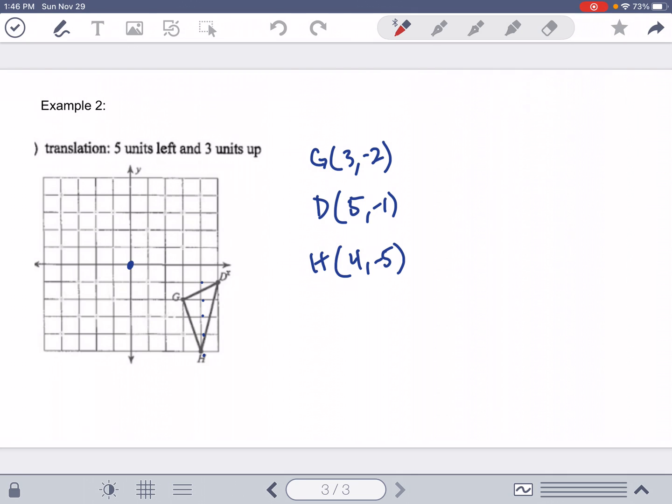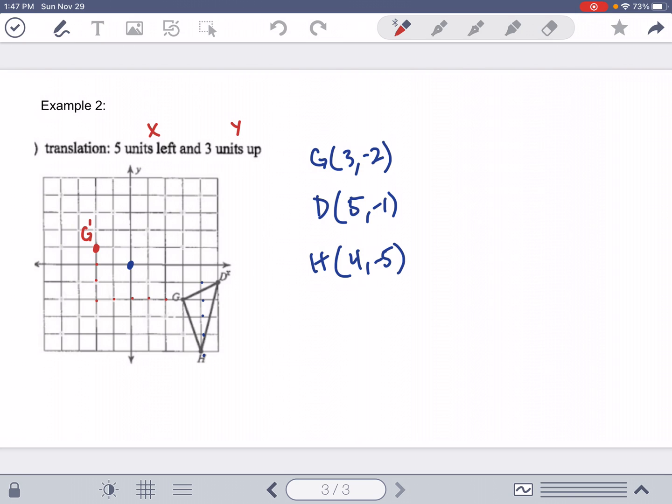So I'm going to go 5 units to the left and 3 units up. It doesn't really matter which way you go, but left is always the X value. 3 units up would always be the Y value. So G, 1, 2, 3, 4, 5, 1, 2, 3.